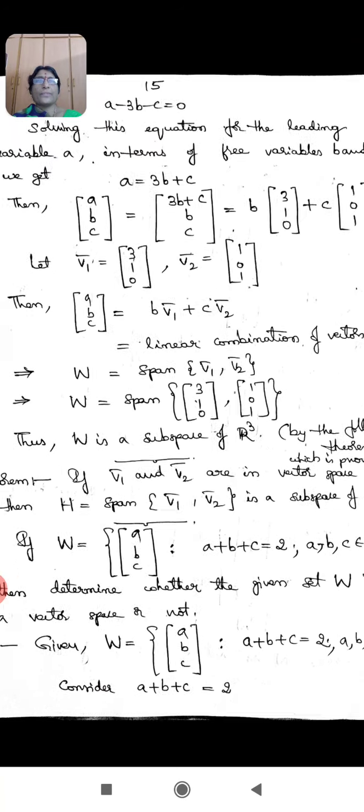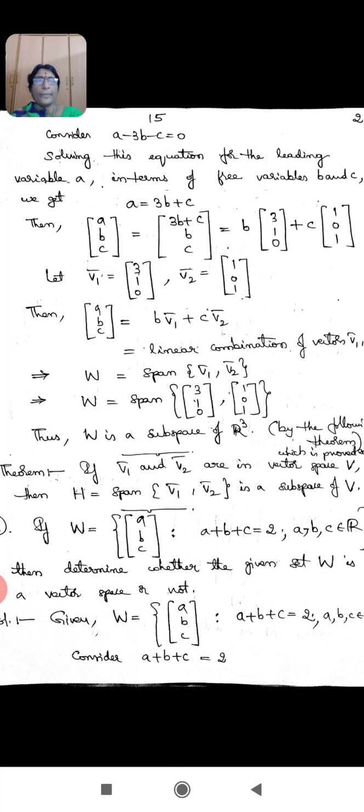Now, solving this equation for the leading variable a in terms of the free variables b and c, we want to take these two variables b and c as independent variables, and a as a dependent variable depending on b and c.